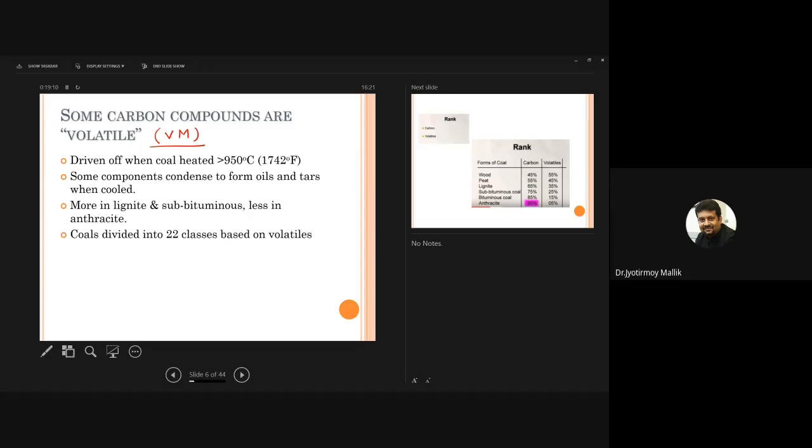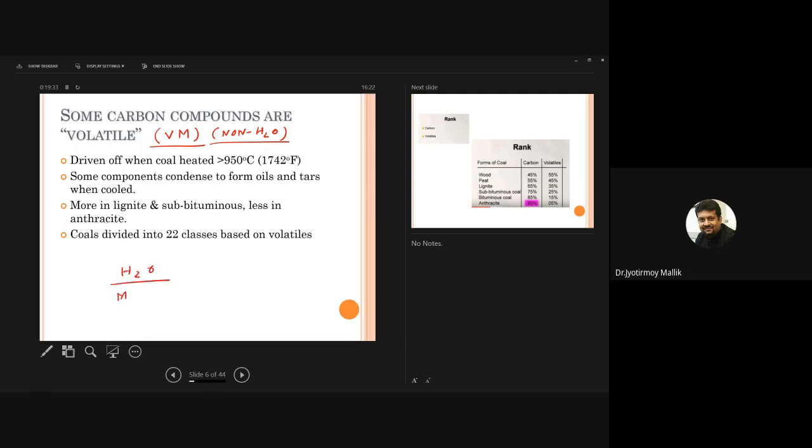They are generally absorbed in the coal structure. So these are the volatile matters which are non H2O. So the H2O component is called moisture.